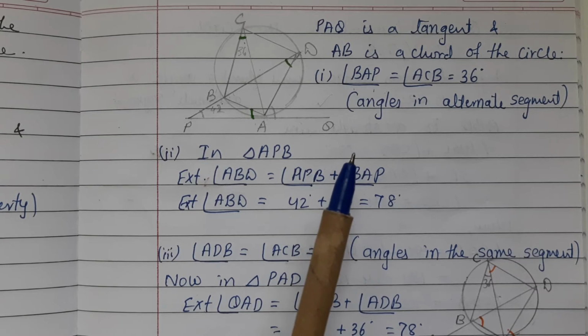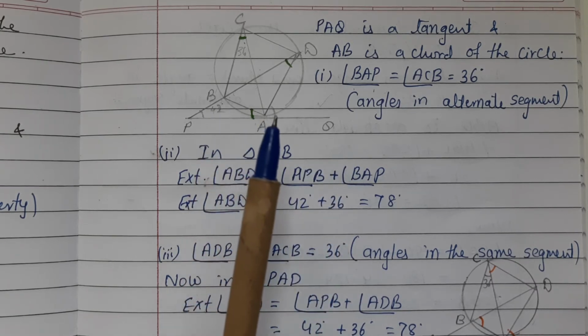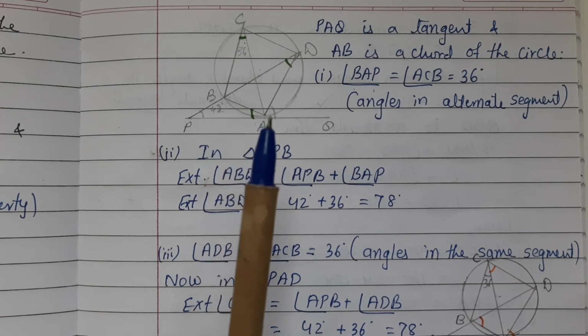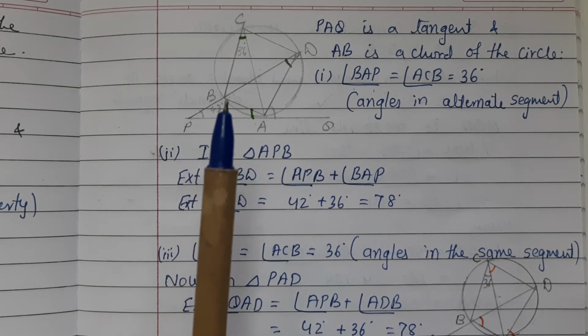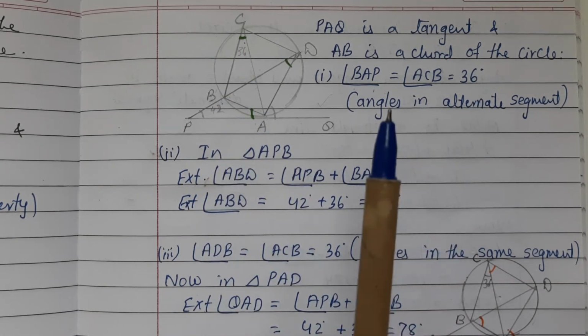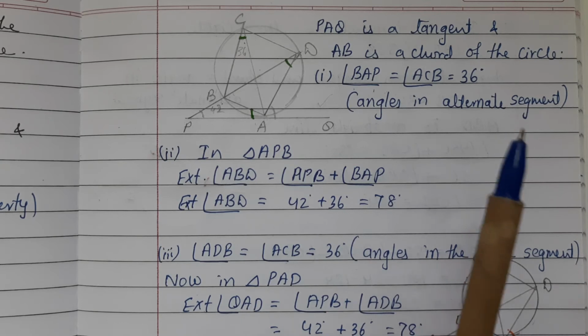PAQ is a tangent and AB is a chord. First part, therefore angle BAP is equal to angle ACB equal to 36 degree, angles in alternate segment.